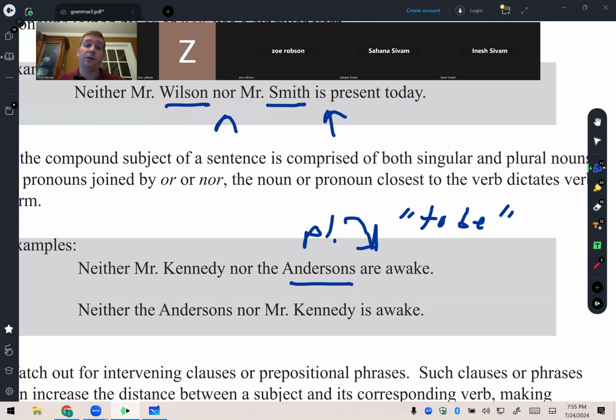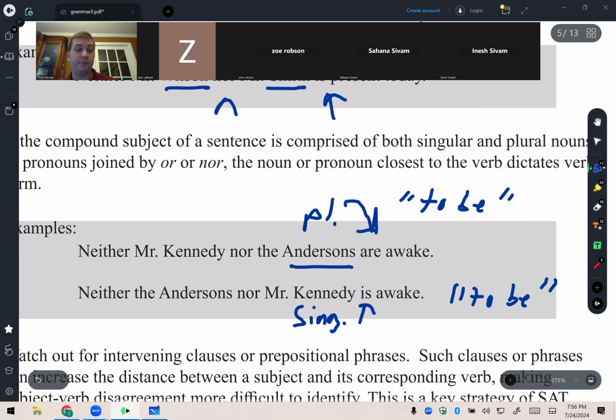It's just a proximity thing. So because Andersons are closest to my to be verb, I use the plural form of it. But if I flip it around and now Kennedy, singular, is closest to it, I use the singular form is. All right. Neither the Andersons nor Mr. Kennedy is awake. It's just because Kennedy is closer to the verb.